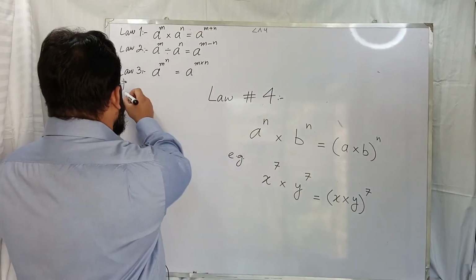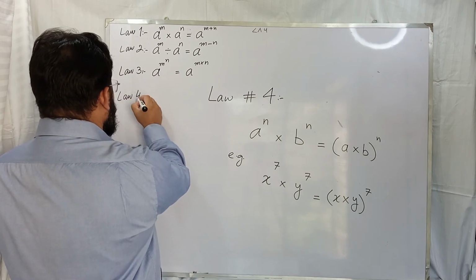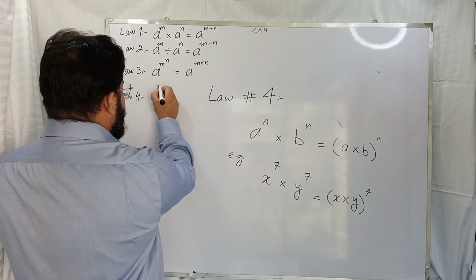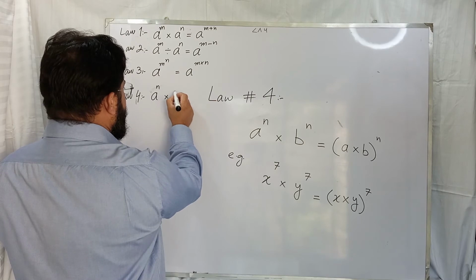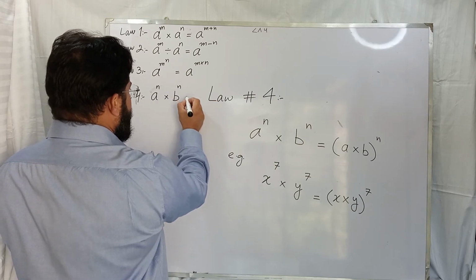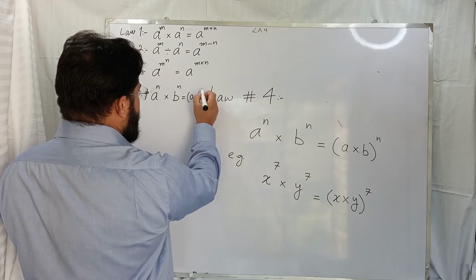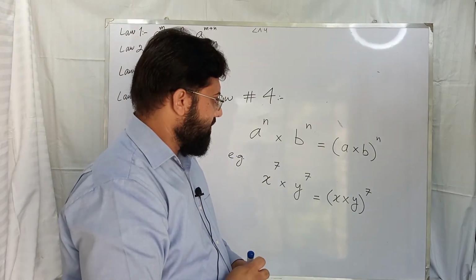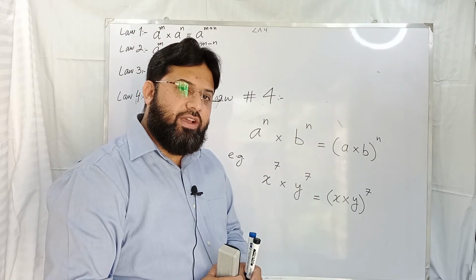For a reference point of view, write law number 4 here, which says that if I am having a to the power n multiplied by b to the power n, it can be written as a into b whole power n. We can combine their bases. Let's move to law number 5.